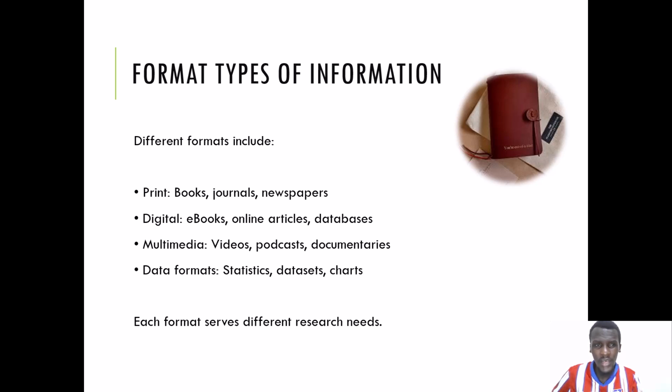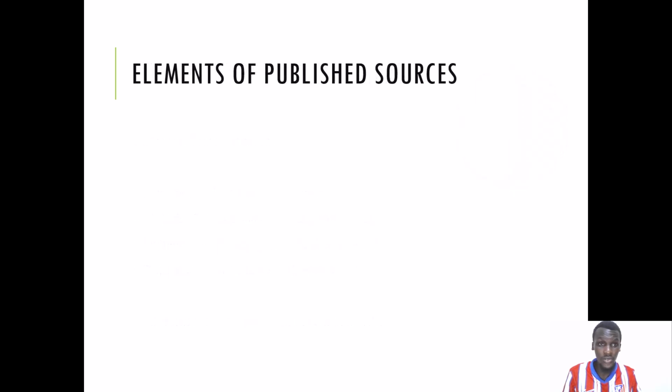For multimedia, we have videos and podcasts. A podcast is something people listen to; you just listen to someone talking. Like now, if my video had no video and only audio, that would be a podcast. And then documentaries. Then we also have data formats, which are statistics, data sets, and charts, pie charts. Each format serves a different research need. That's what you should know.